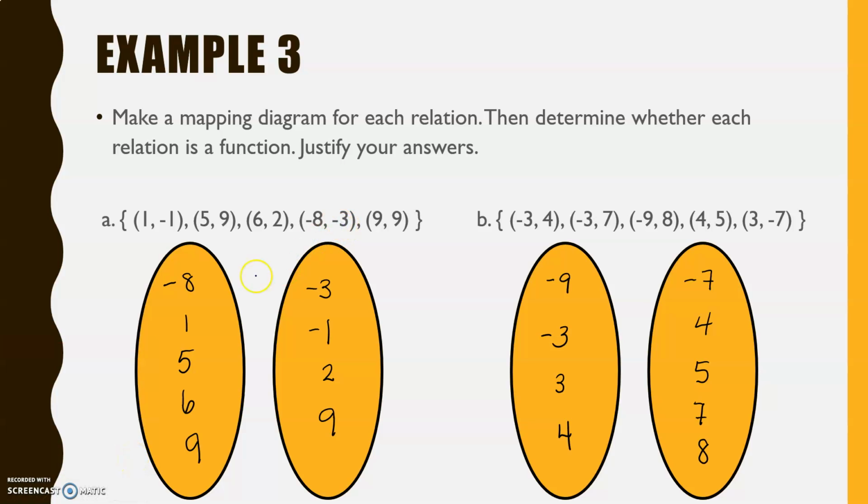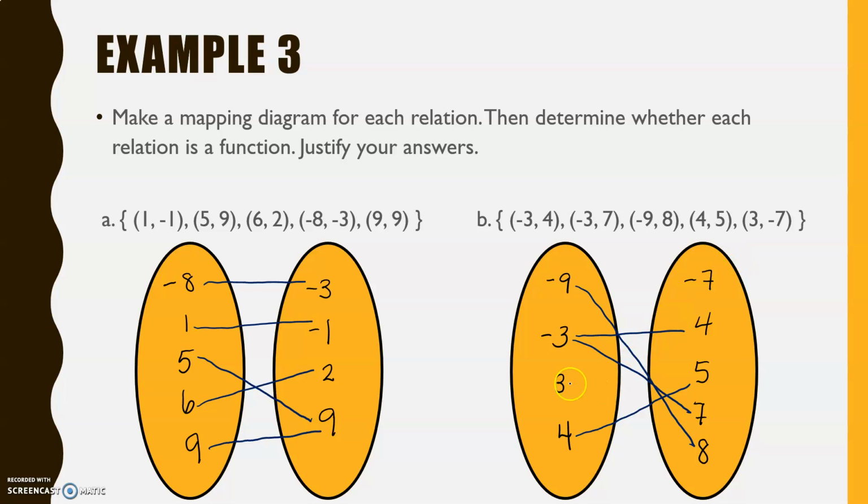We've got -8 goes to -3, 1 goes to -1, 5 goes to 9, 6 goes to 2, and 9 also goes to 9. Over here, when I map these, -3 goes to 4, -3 goes to 7, -9 goes to 8, 4 goes to 5, 3 goes to -7.